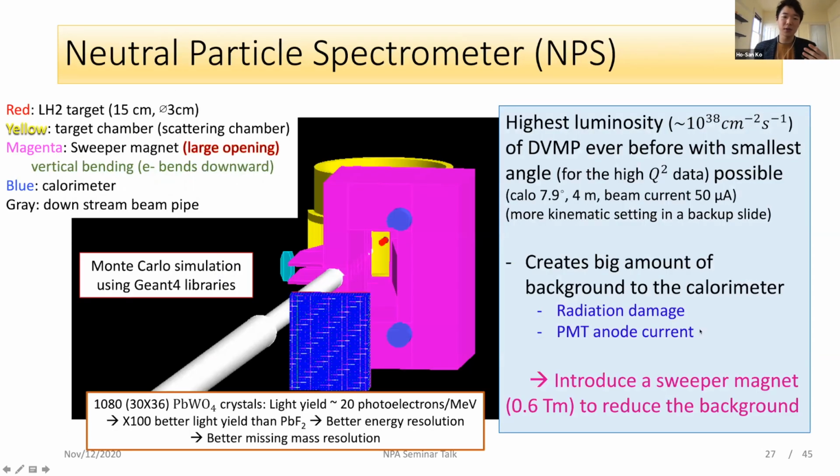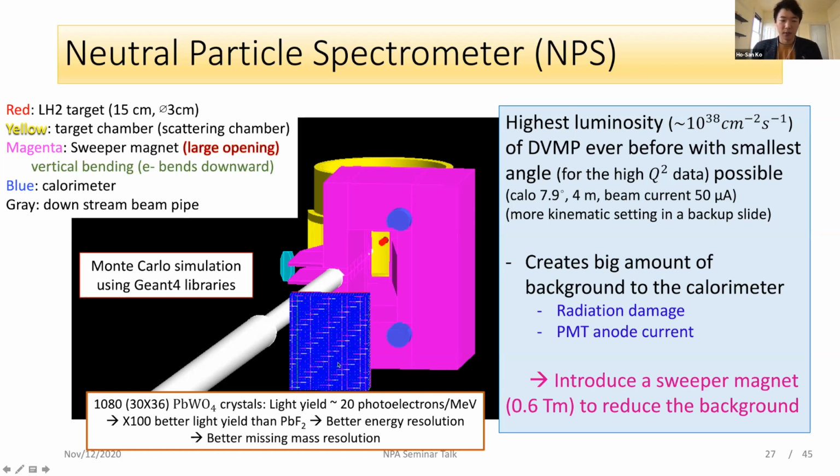Since we're going to use the highest luminosity of DVMP ever before with the smallest angle possible, we expect a big amount of backgrounds created on the calorimeter of this neutral particle spectrometer, NPS. So what we have to care about is the radiation damage and the PMT anode current due to the backgrounds. Firstly, we will use a sweeper magnet to reduce the charged particle background going to the calorimeter.